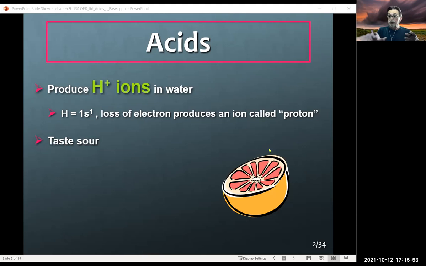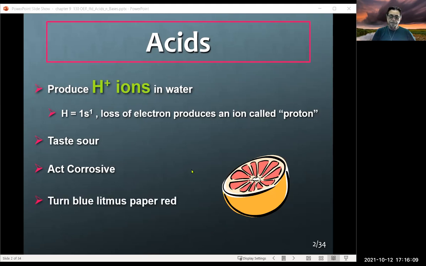Now, acids, as you know, have a sour taste. Lemon, sour, grapefruit, sour, vinegar, very sour taste, okay? From a chemical perspective, they can be very, very corrosive. And to determine whether an aqueous solution is acid or base, we have a paper called litmus paper.